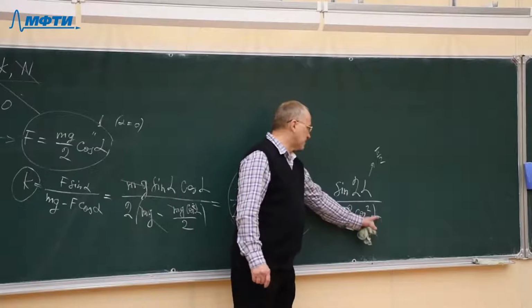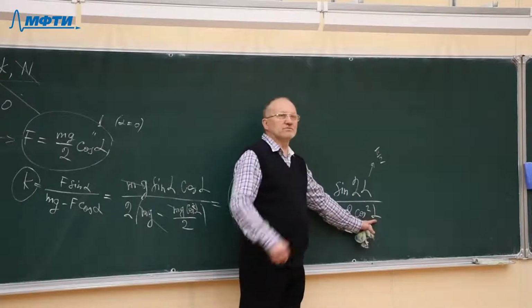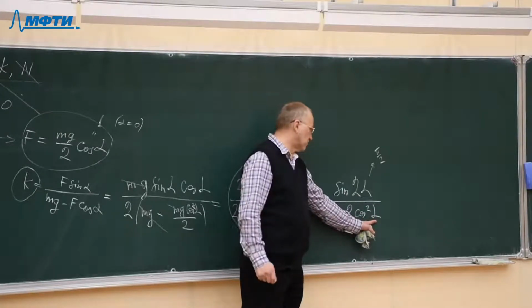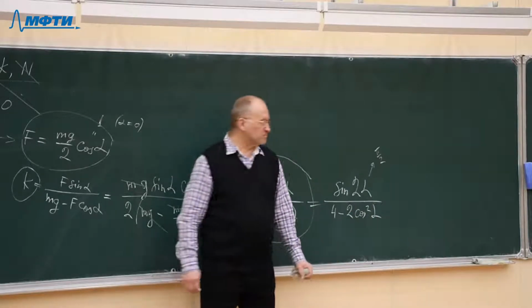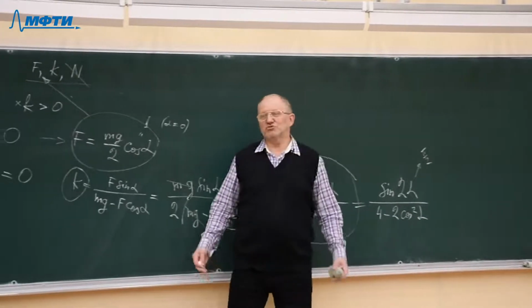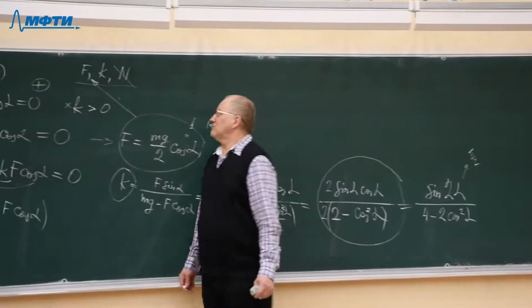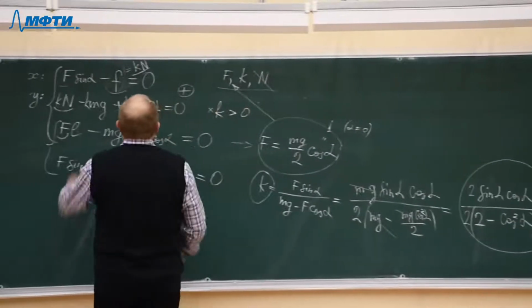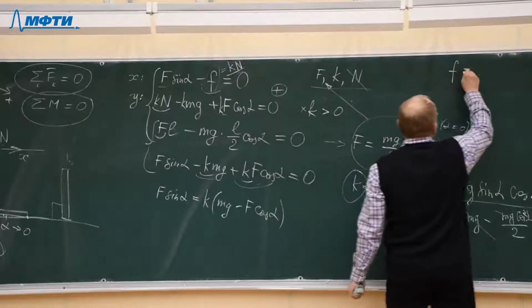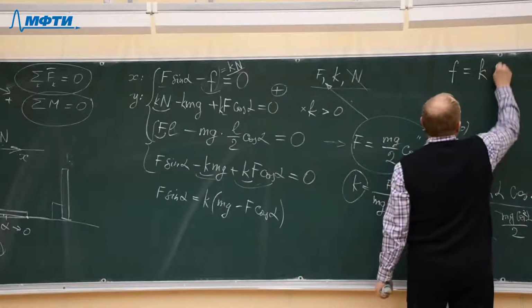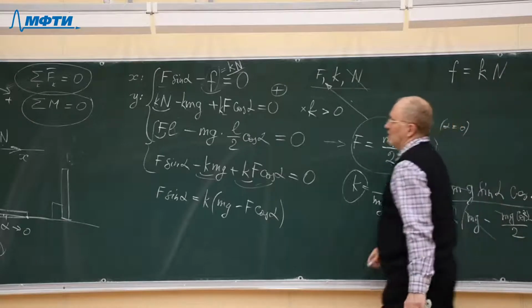It depends on the angle of inclination of your rod. But that is usually the case. The coefficient of friction, as I told you, is defined by this formula. The force of friction is the coefficient of friction times the force of reaction.